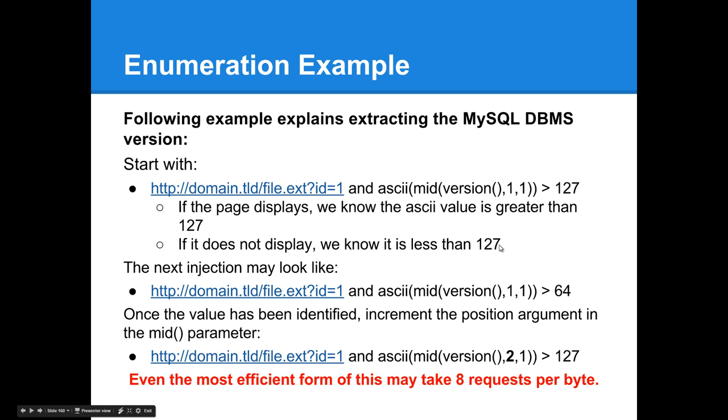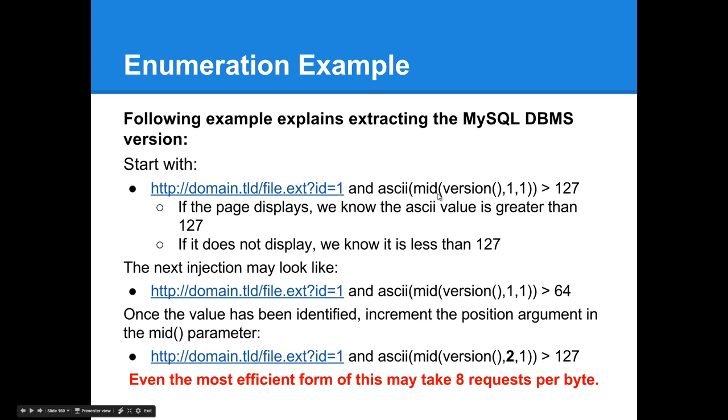Here's an example. This example implements binary search as the method to extract the byte value. We're injecting an AND clause, and we're converting the value given by this into the ASCII integer value.